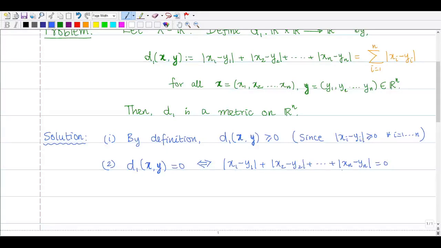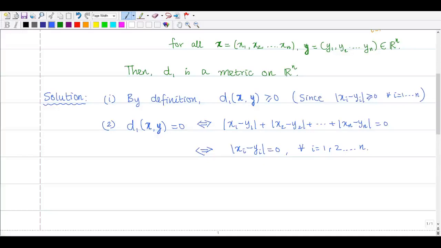இது எப்போ 0? ஒவ்வொரு டேர்மும் 0வா இருக்கணும். So this is if and only if modulus of each xi minus yi is equal to 0 for all i equal to 1, 2, dot dot dot up to n. This is holding, இது என்ன கிடைக்கும்? This implies this is if and only if xi equal to yi for every i equal to 1 to n.